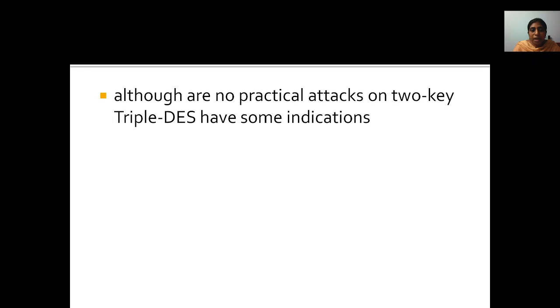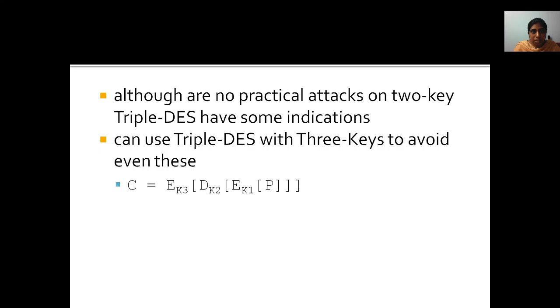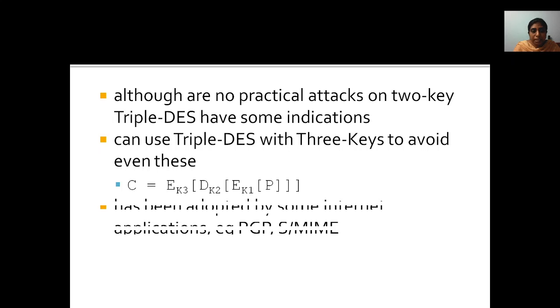Although there are no practical attacks on two-key triple DES, there are some indications. So can we use triple DES with 3 keys to avoid even these? For that reason they went for 3 keys, which have been adopted by some internet applications, for example PGP and MIME. Thank you.